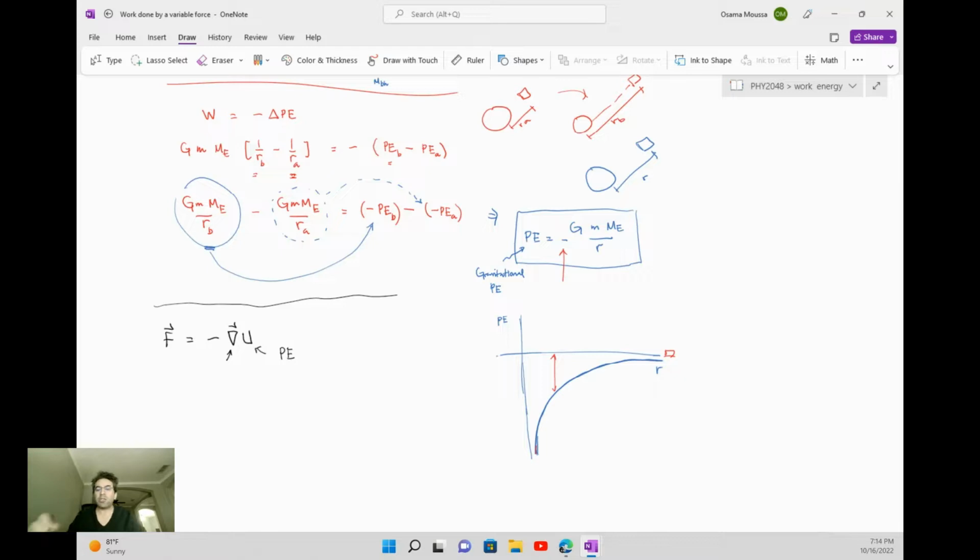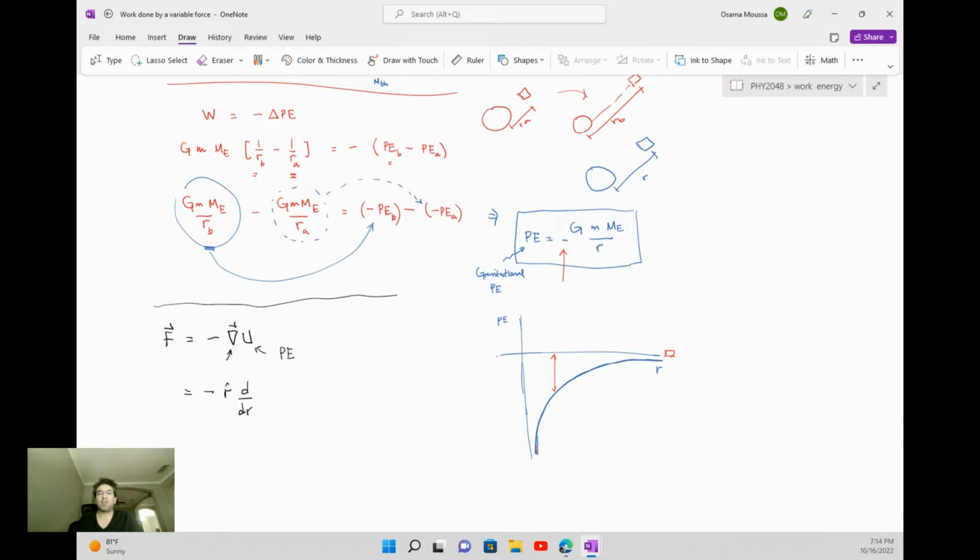Now, because the potential energy here only depends on 1 dimension, or it has a certain symmetry, I can just think of it as being dependent on 1 dimension. The gradient in that case has a very simple form. It's just in the direction of r, the derivative with respect to r.